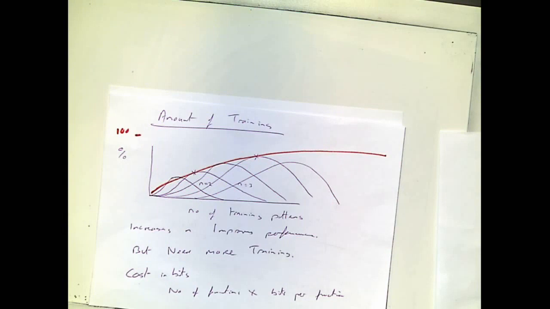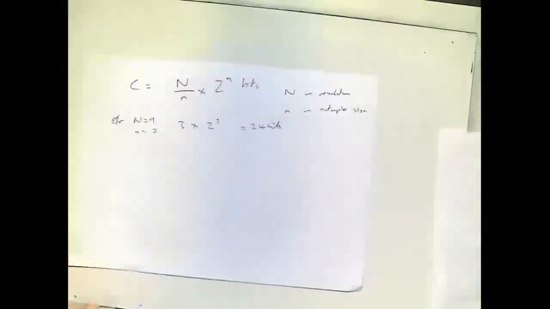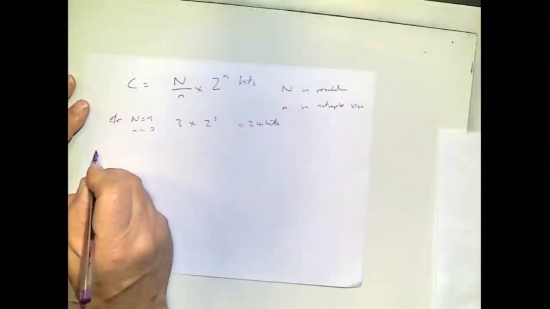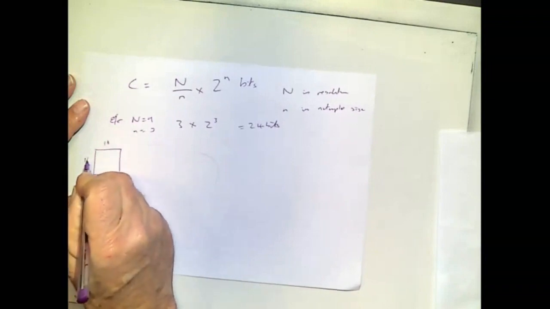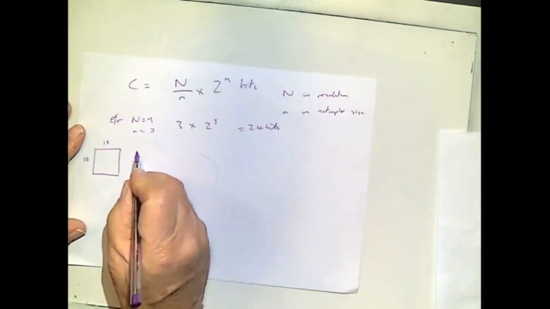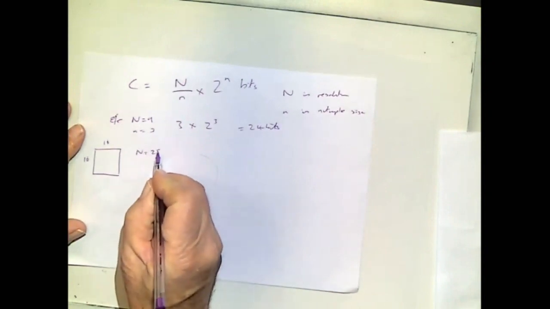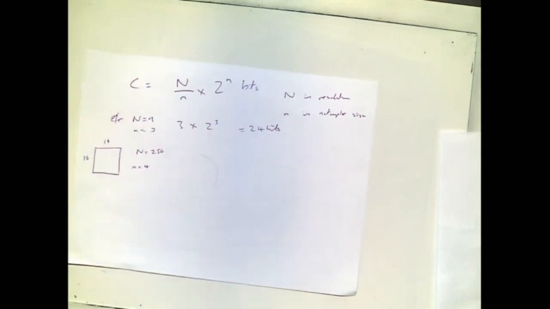So now we come to the cost. That little system was 24 bits. Let's now take a high resolution system: a 16 by 16 by 1 bit. So that n there is going to be 256, and let's take a sample size of little n equals 4.